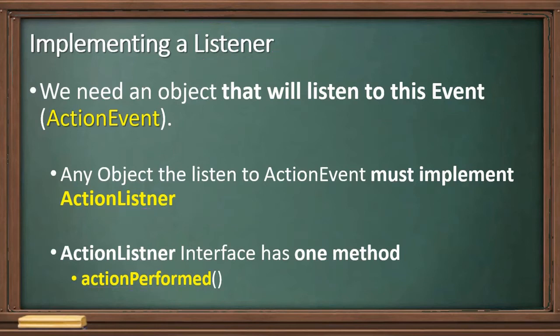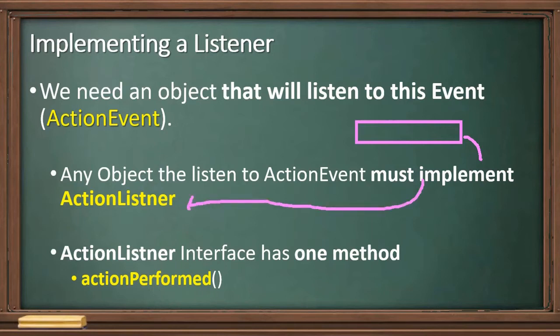To put it in full words, we have to create a class that implements ActionListener, and then we have to override the method called actionPerformed. If you are able to do that, we will be able to create a listener that can listen to the action event.